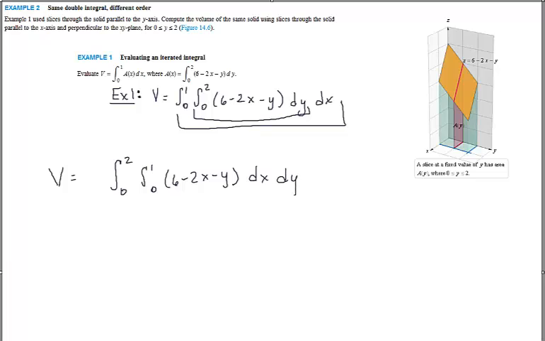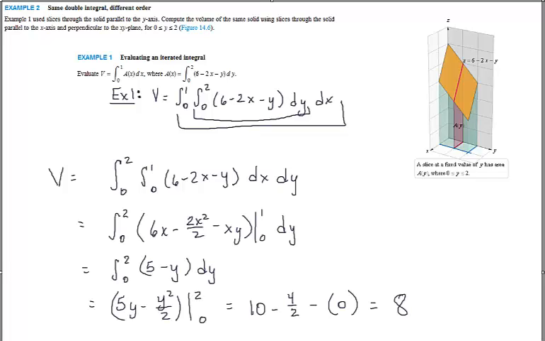And what they want me to do is verify that it doesn't matter which order I choose, whether I'm going to choose to integrate with respect to the x or the y first. So I'll go ahead and get this, and our answer had better be 8. And when you do this integral and you get it completed, you do find that the answer is indeed 8.